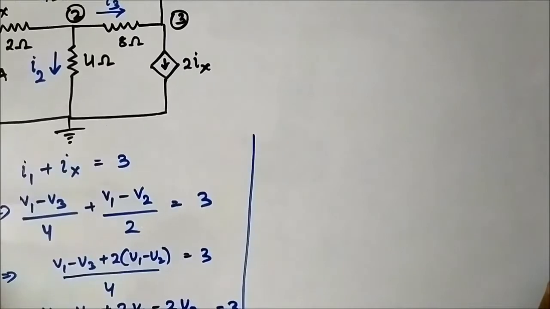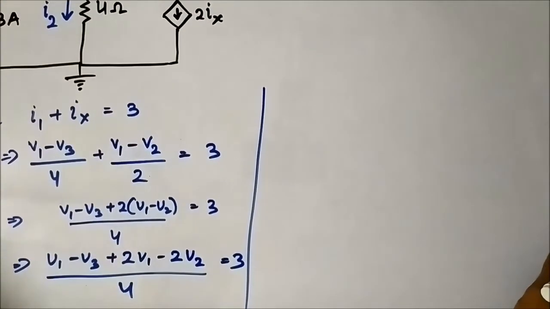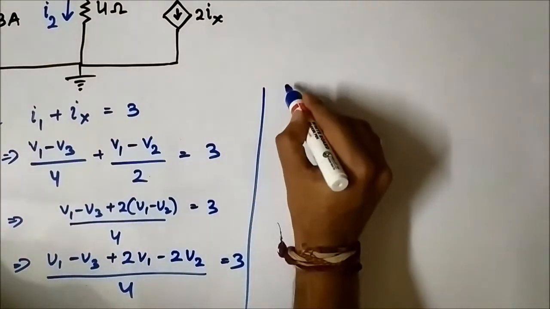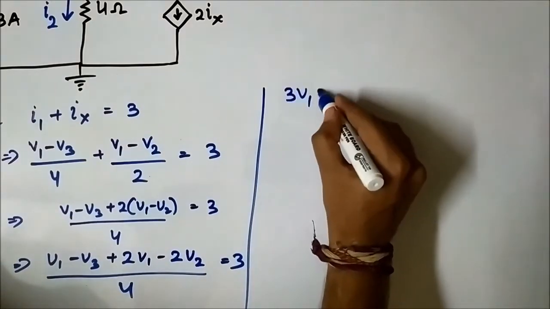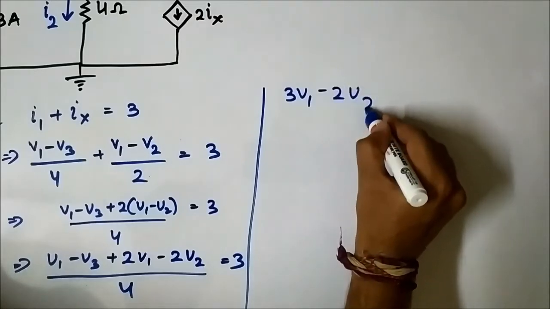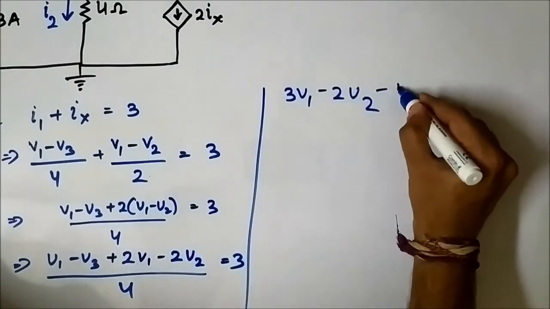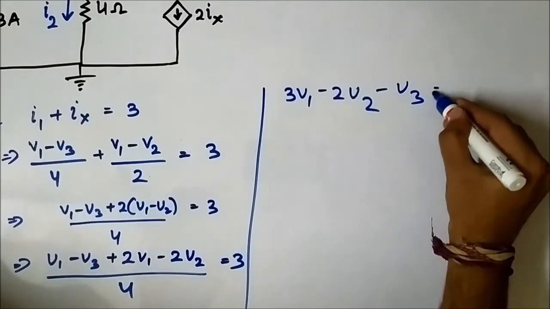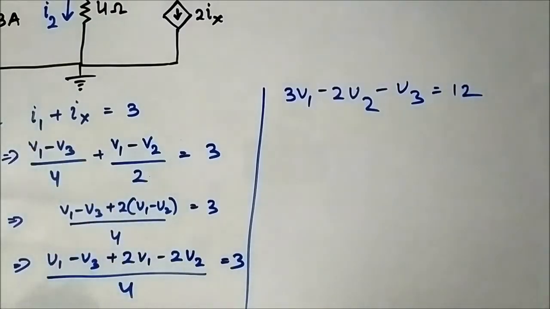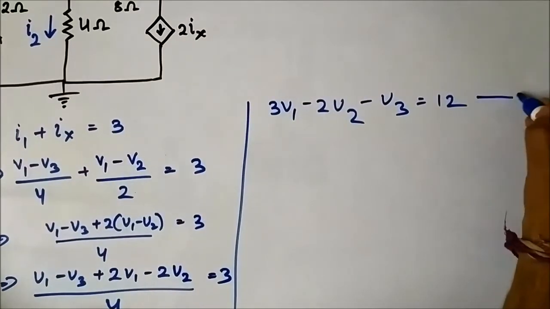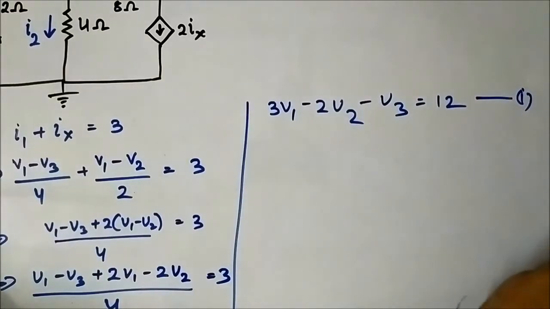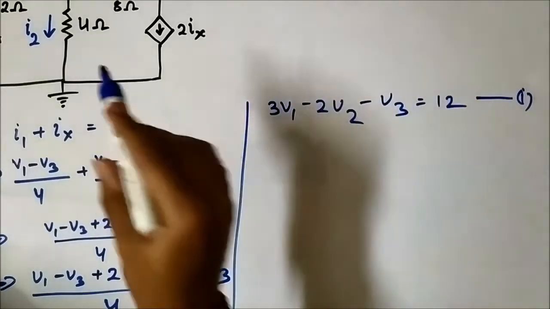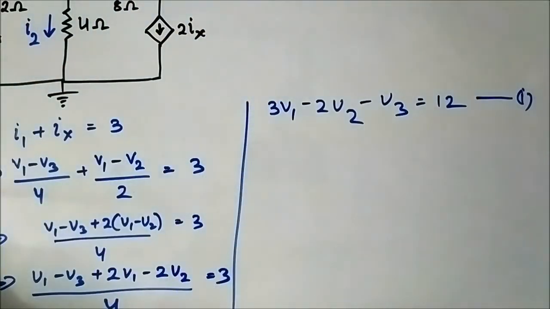So this becomes V1 plus 2V1, 3V1, minus 2V2 minus V3 is equal to 12. This is the first nodal equation that we got: 3V1 minus 2V2 minus V3 is equal to 12. Similarly, we have to get the remaining two nodal equations for node 2 and node 3.